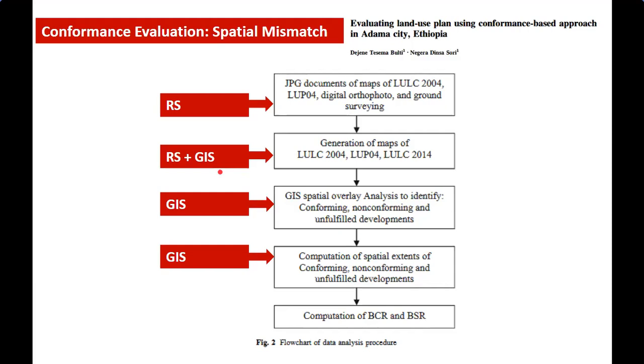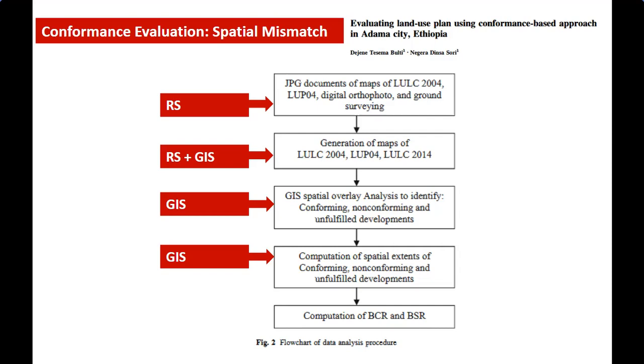In order to identify the mismatch between the actual land use and the proposed land use, what we need first is, of course, the existing land use, if possible, the latest existing land use.